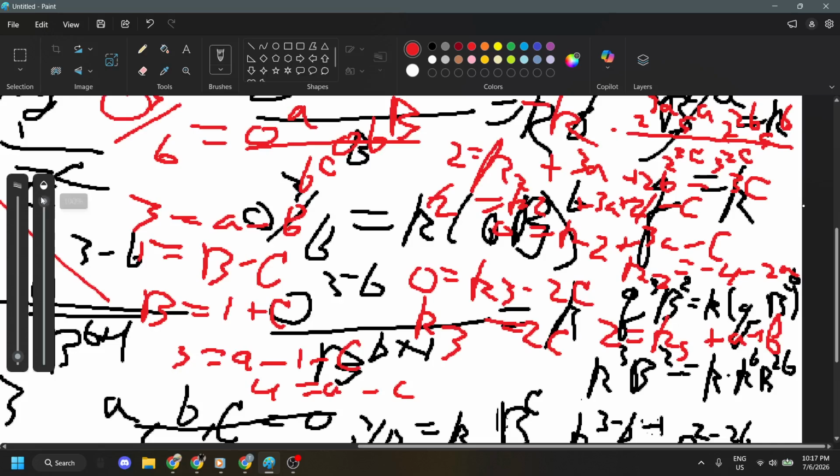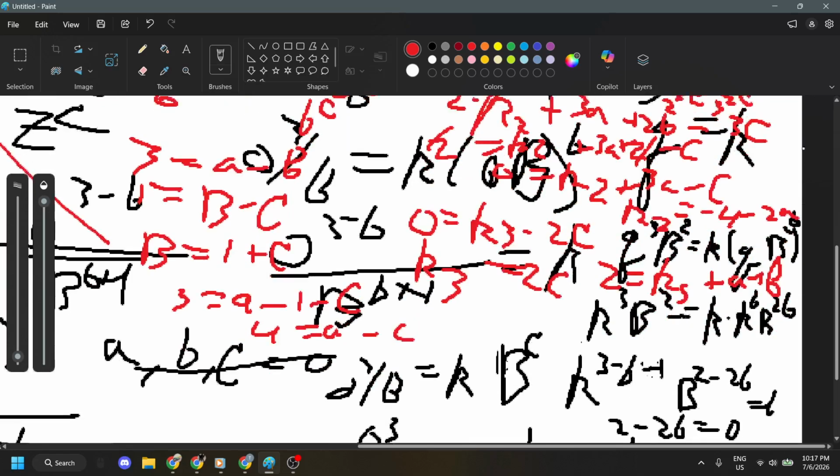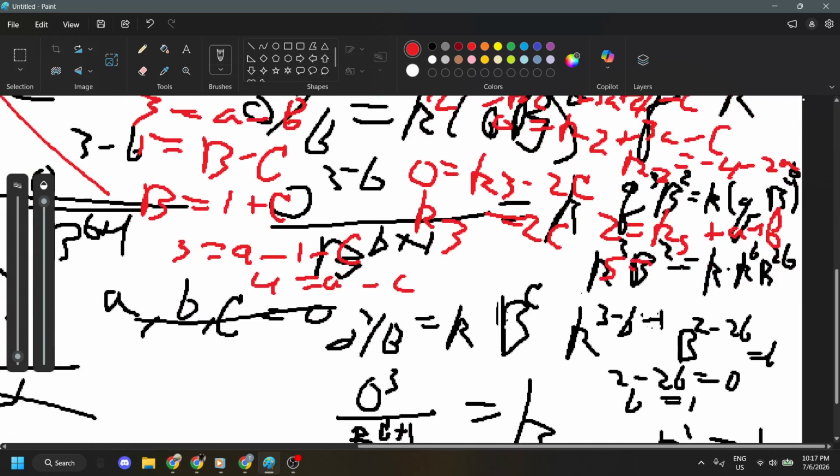We have 3 plus b is equal to a. Subtract a from both sides. We have a minus 3 is equal to b. So 5 is equal to k5 plus 2a, so k5 is 2a minus 5.